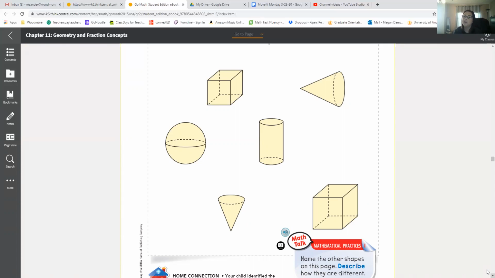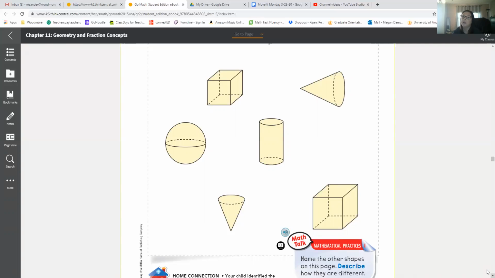So if I were going to describe the cylinder, I would say, I am a 3D shape. I have 2 faces at the top and the bottom. I have 0 sides, and I have 0 vertices. So I'm describing the cylinder, okay?